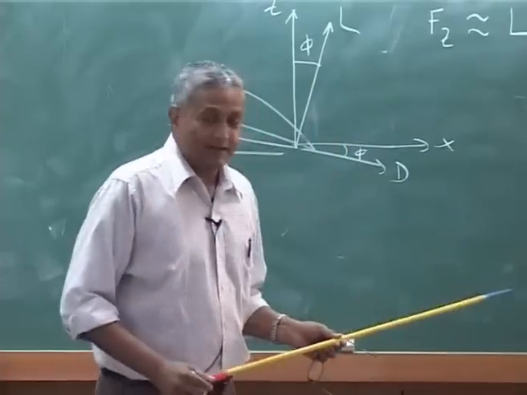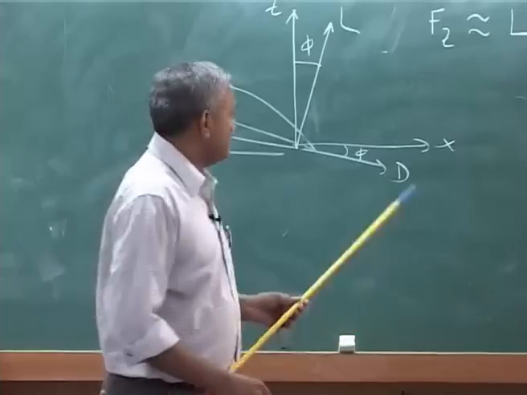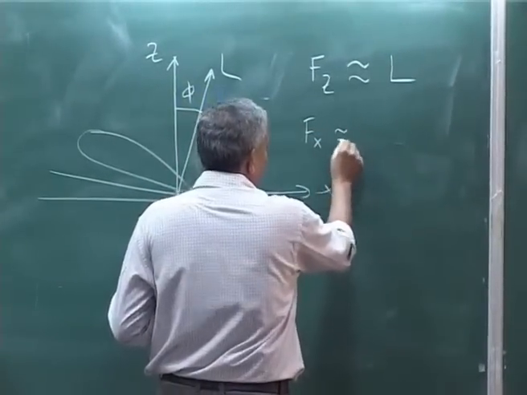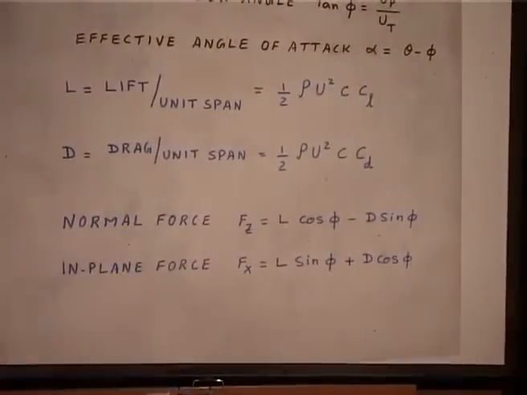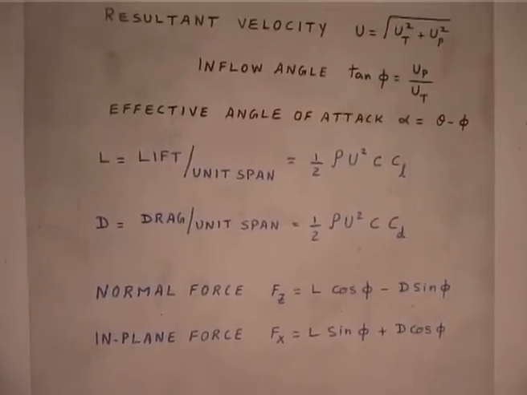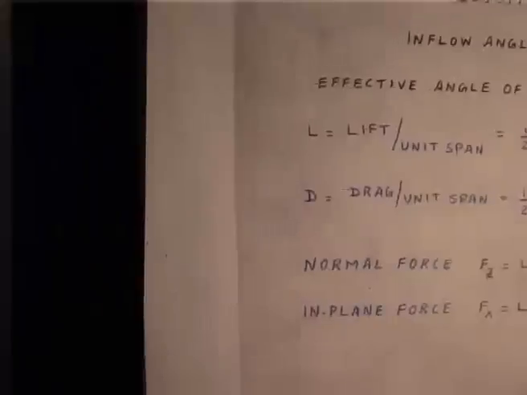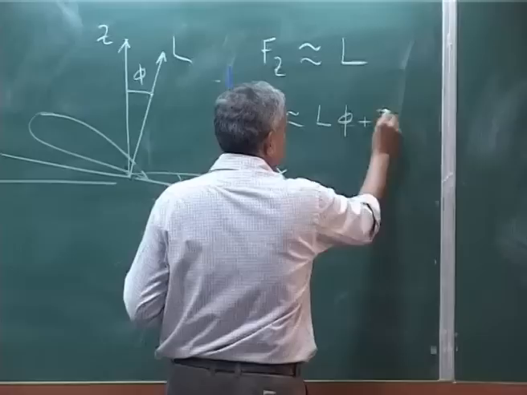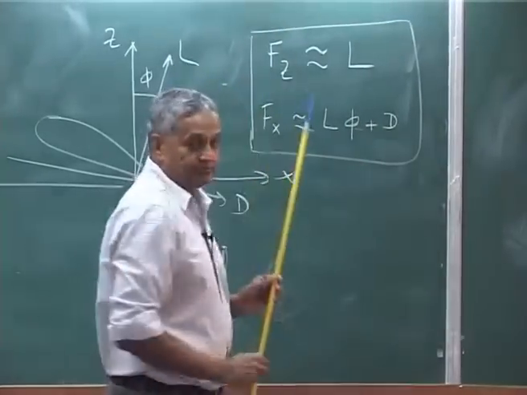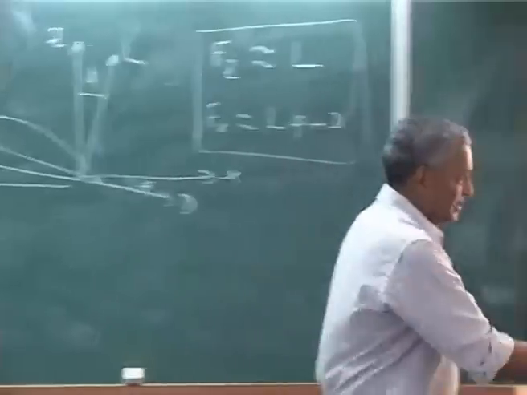But in the case of an in-plane force, Fx, I can't neglect lift, lift is large, phi is small. So, I am going to write it as L phi plus D, because phi is small.